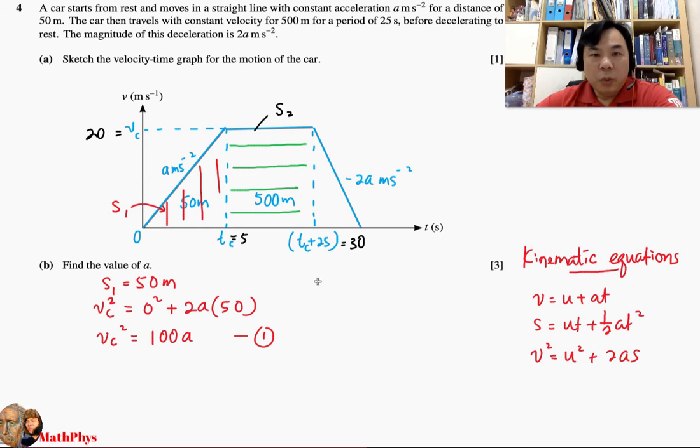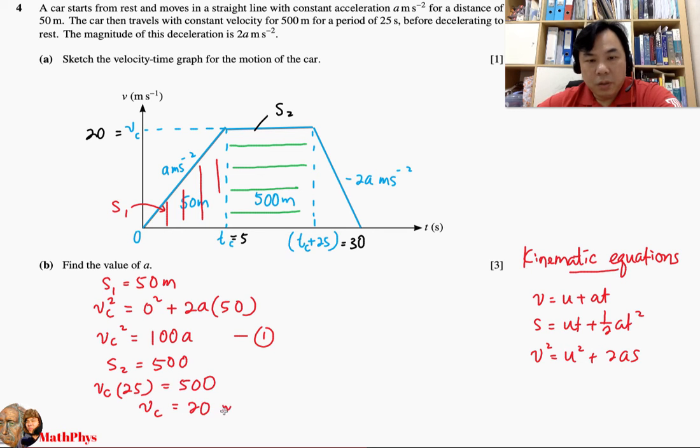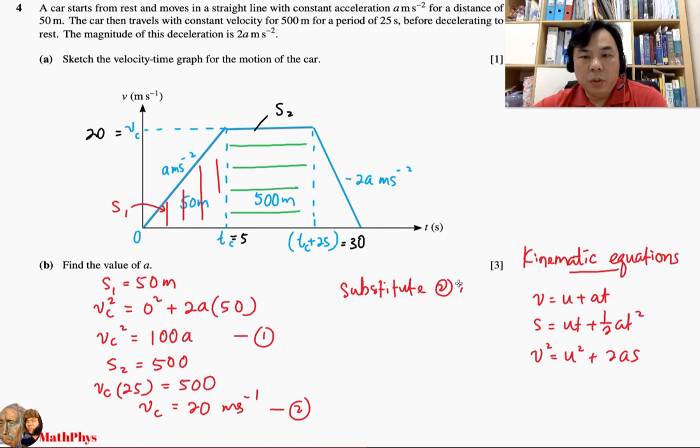And then secondly, we're going to make use of our second piece of information, which is S2 equal to 500. And then we know that S2 can be obtained by using VC multiplied by 25. And then of course that yields the same result there, which is 20 meter per second. Right. So by having this, we can substitute our solution from 2 into equation 1. So from here, we have 20 squared is equal to 100A there.